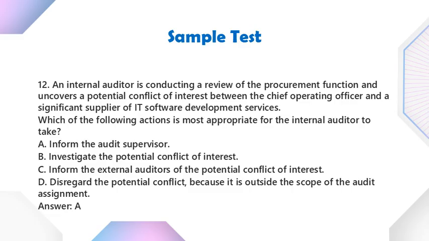A. Inform the audit supervisor. B. Investigate the potential conflict of interest. C. Inform the external auditors of the potential conflict of interest. D. Disregard the potential conflict, because it is outside the scope of the audit assignment. Answer: A.